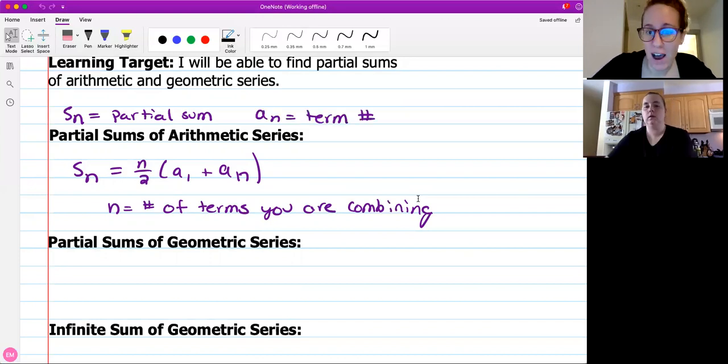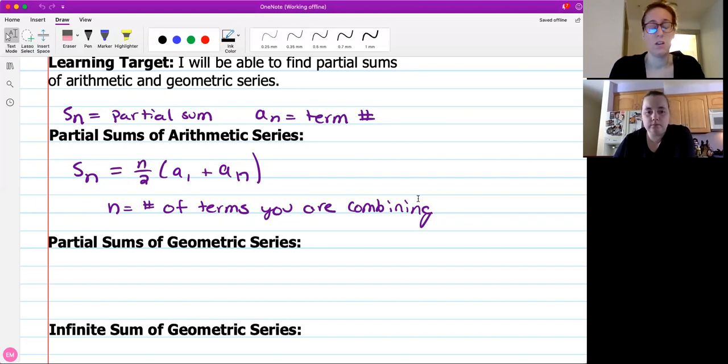So A sub 5 is the 5th term, whereas S sub 5 is the sum of the first 5 terms. Be careful with this formula because you have lots of symbols: S sub n on one side, A1, and also An. Especially when we do some working backwards ones, which we're going to go over because you have some on tonight's homework, it becomes really important to remember what each of those symbols stands for.